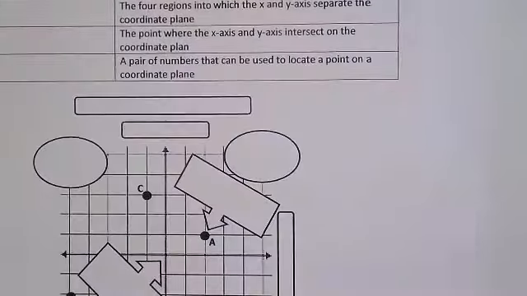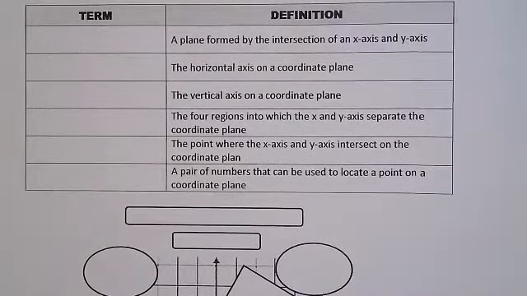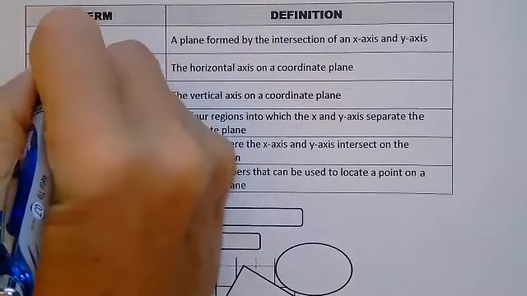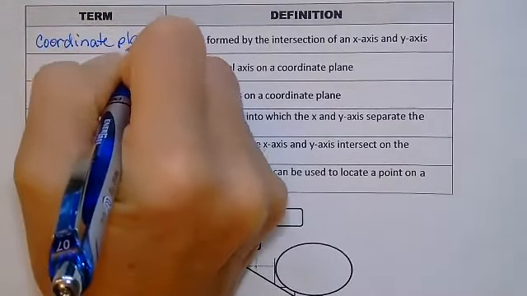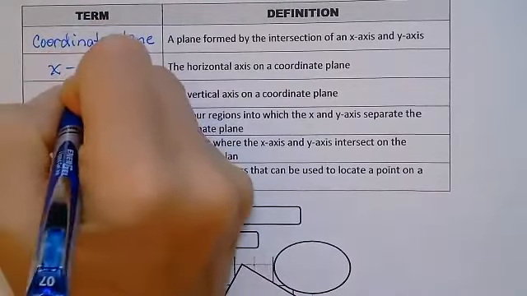Okay, page 2. Okay, first definition, a plane formed by the intersection of an x-axis and a y-axis. That is called the coordinate plane. The horizontal axis on a coordinate plane is the x-axis.